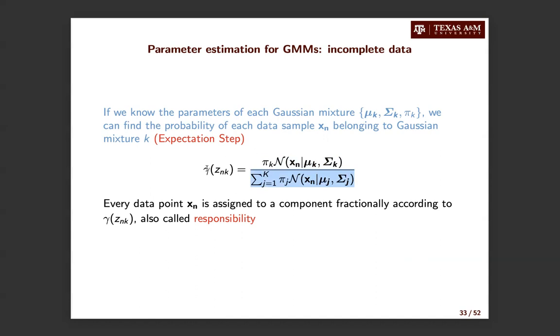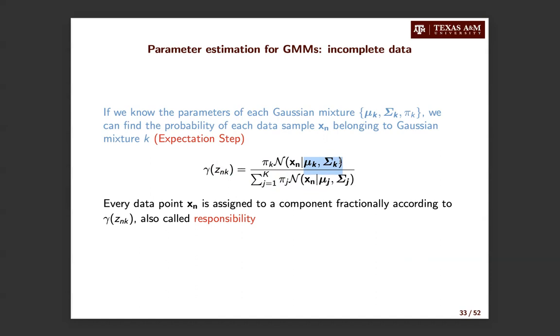Again, you will see that this responsibility now depends on the mean and covariance matrix for each of the Gaussian mixtures. So we cannot compute this unless we know our Gaussian mixtures.